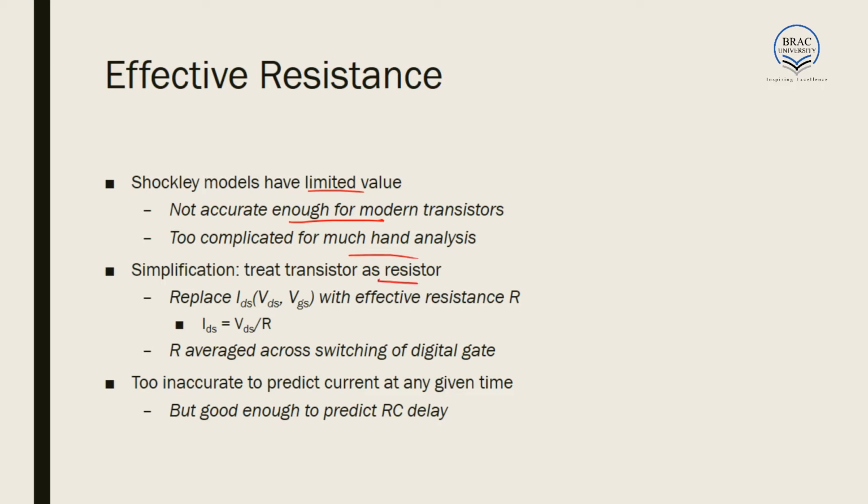So we simplify this and consider the on transistor as a resistor, and the value of the resistor is found using just Ohm's formula: IDS is equal to VDS by R, and R is averaged across the switching digital gate. Again, this will not give an accurate result of the current, but it will help us estimate the RC delay and what the accurate result might be.